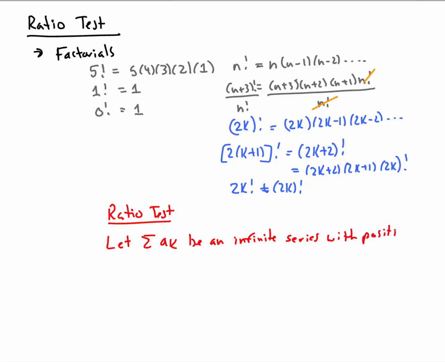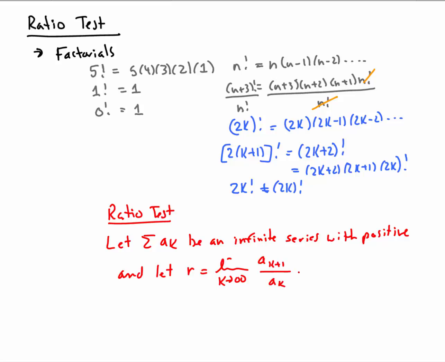If we say positive terms, that means there are no zero terms either. And this is the important thing about the ratio test. What we're going to do is let r, standing for ratio, equal the limit as k approaches infinity of a sub k plus 1, so this would be the next term, divided by a sub k, which is our current term.